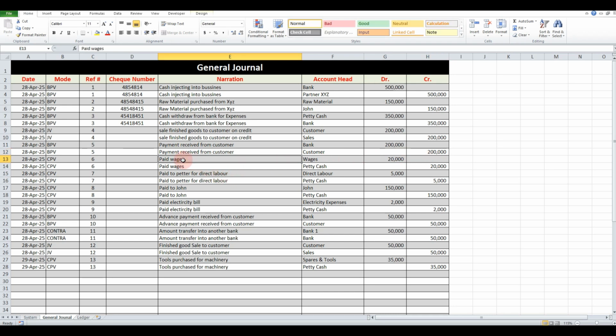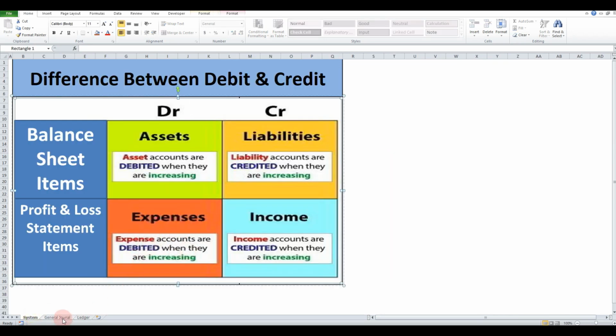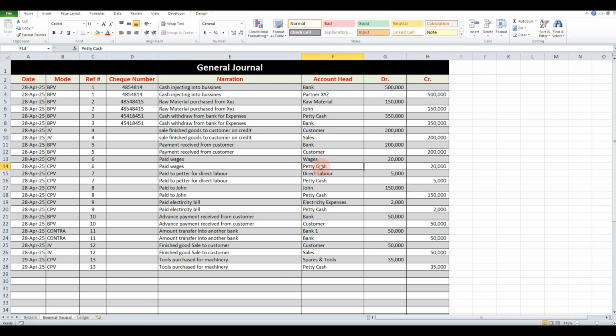On the other hand, in the next entry, I have paid wages to someone for their work from my petty cash. The wages account is an expense account, and when an expense account increases, it will be debited. On the other hand, petty cash is a current asset account. When it decreases, it will be credited.